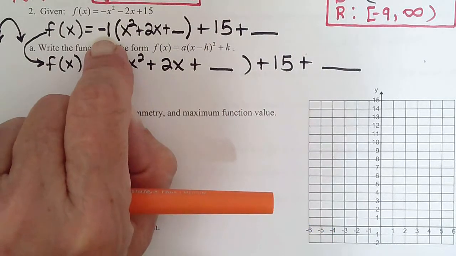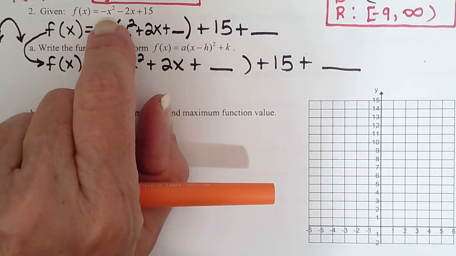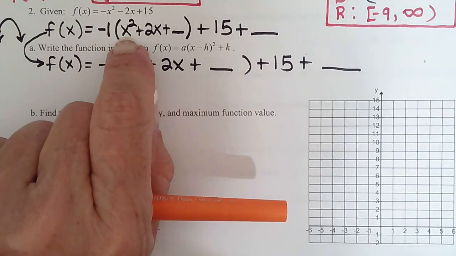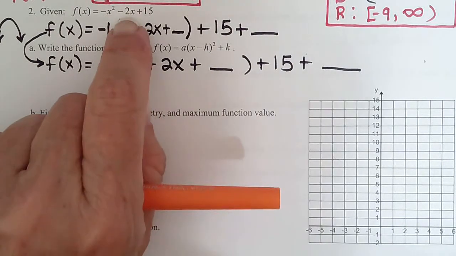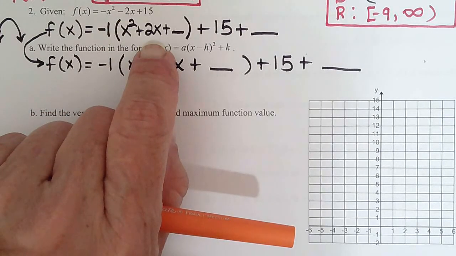Why did I take the negative out? Well, we learned it in the very first day of factoring in chapter 4. We never want a leading coefficient negative. We have to take it out as a -1 GCF. So when you divide this by -1, it turns to positive x squared. When you divide this by -1, it turns to positive 2x.